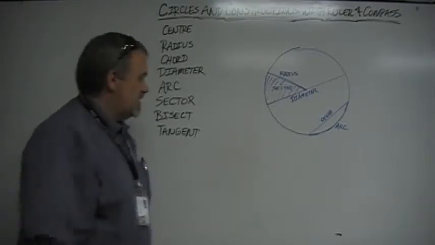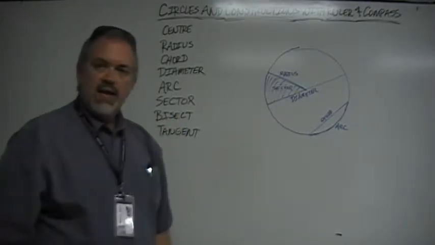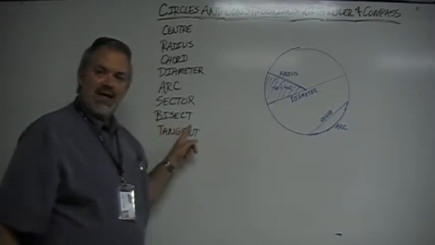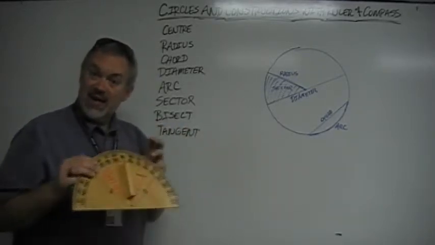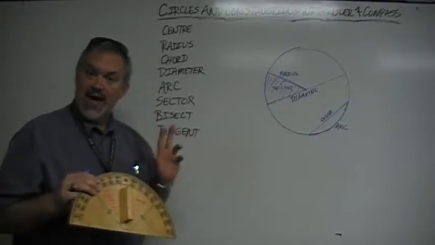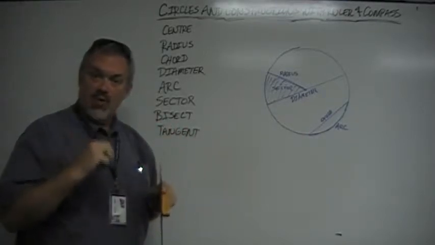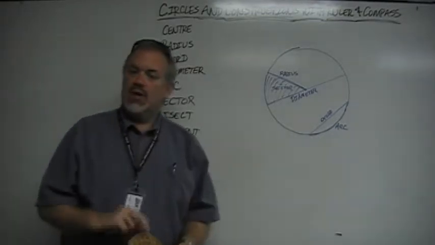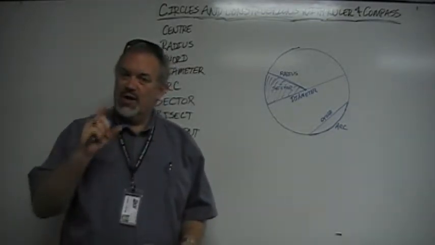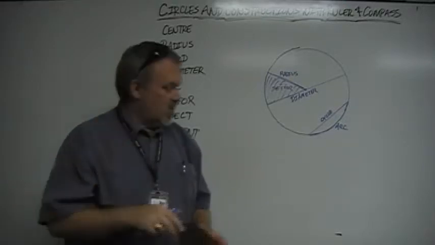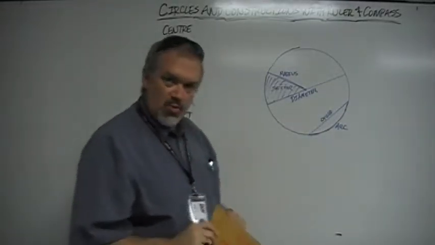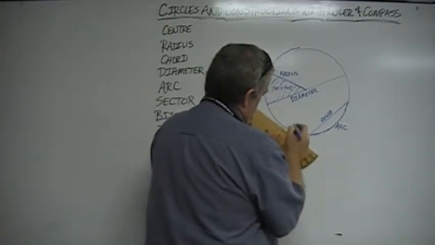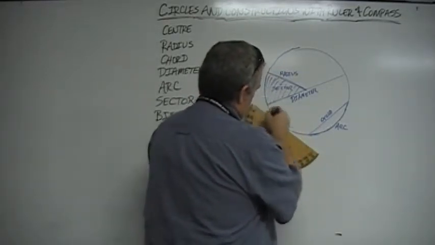Now there's this term, bisect. Think of it as the two parts of the word. Bi means two, sect, like section, is to cut. So bisect is to cut into two equal pieces. And then the term tangent refers to a line that touches a circle in just one point. So rather than cutting across the circle in two points like this, a tangent only touches in one point like this.